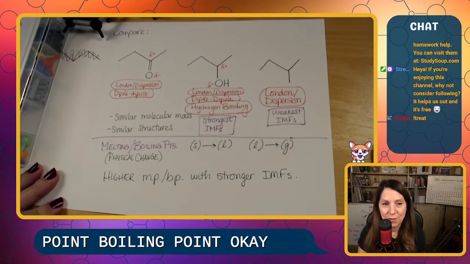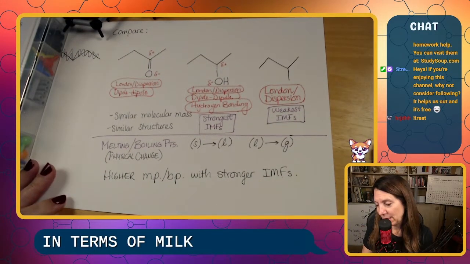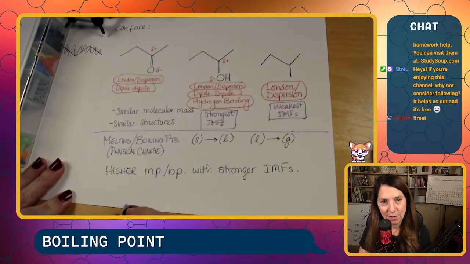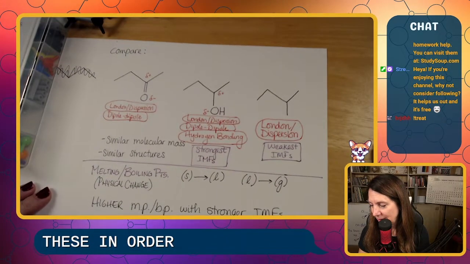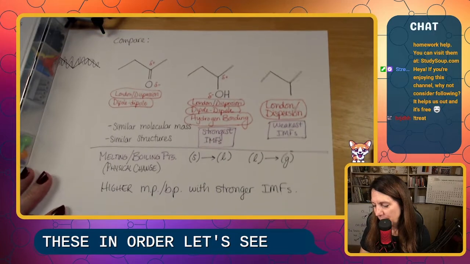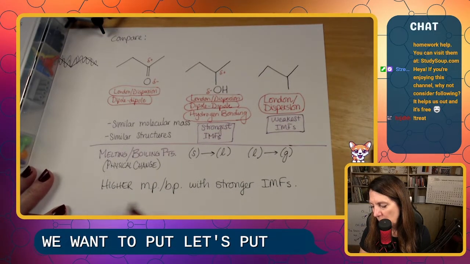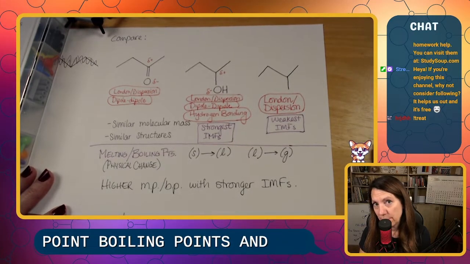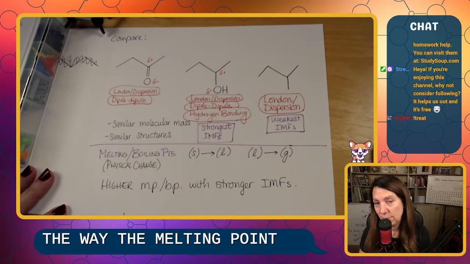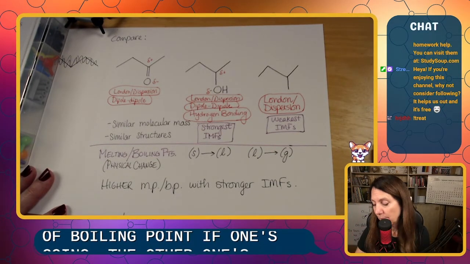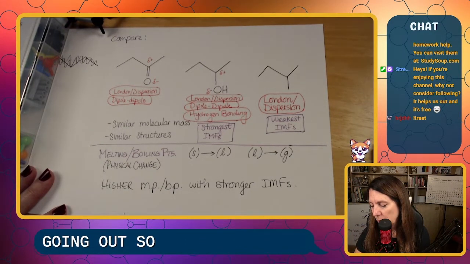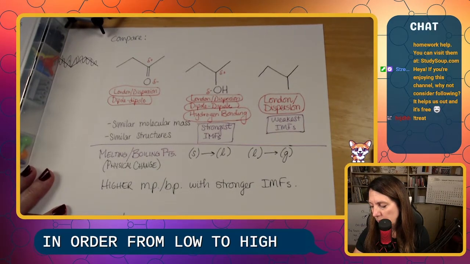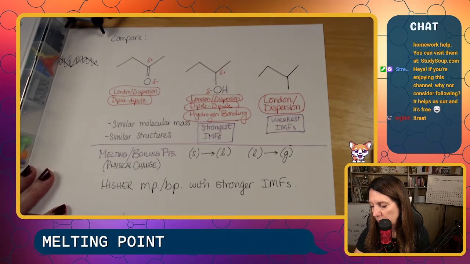Okay. So in terms of melting point, boiling point, let's put these in order. Let's put low to high. Low melting point, boiling point. And those always go together, by the way. If one's going up, the other one's going up. So we'll put these in order from low to high melting point, boiling point.